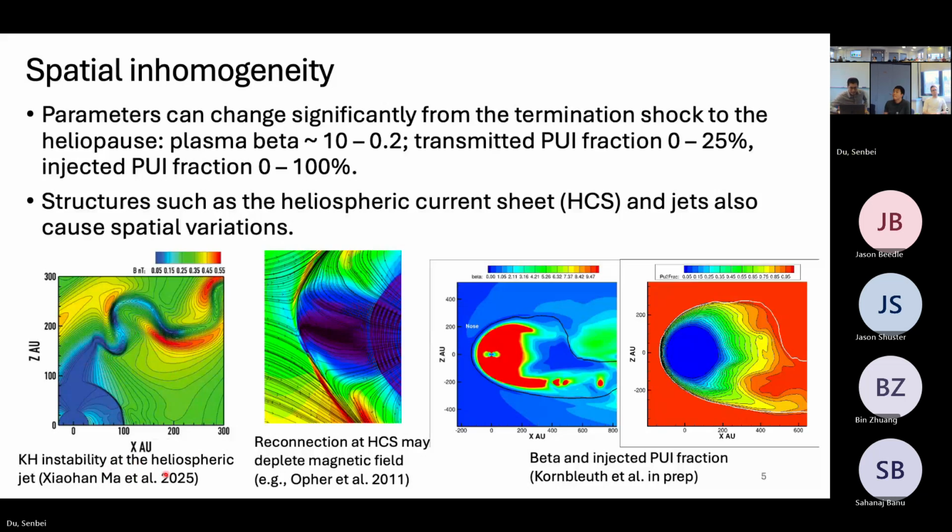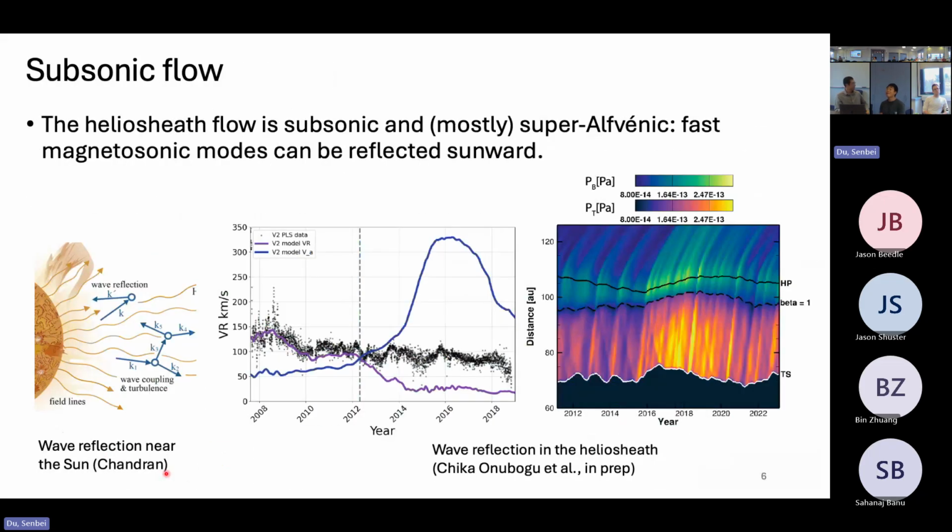And so this basically means that there are many interesting plasma regimes to be studied in the heliosheath. And another interesting point about the heliosheath is that the flow is subsonic. That's interesting because then the fast magnetosonic modes can be reflected back toward the sun.